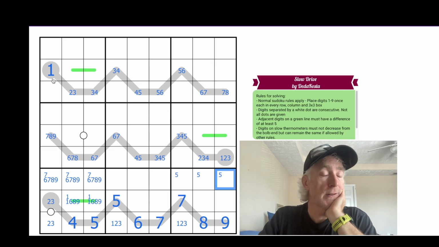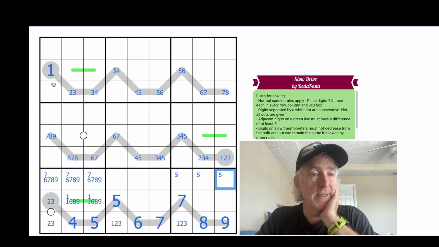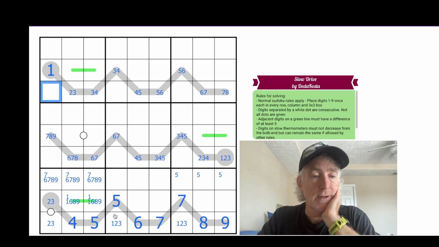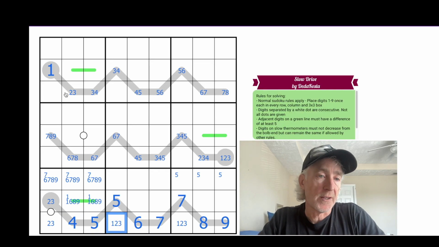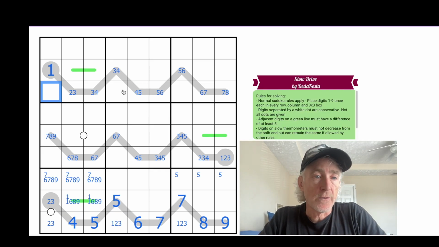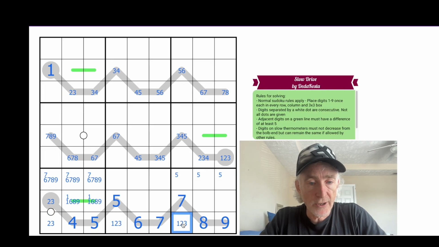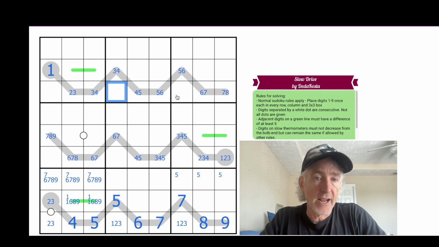Okay, so the next thing that I did notice is that down here we have an X-wing on 1s. Look at this row here. Where's a 1 going to go? It's not going to go here now. It could go here or here, but nowhere else in the row. Down here, 1 is restricted to these 2 cells as well. So that gives us an X-wing on 1s.